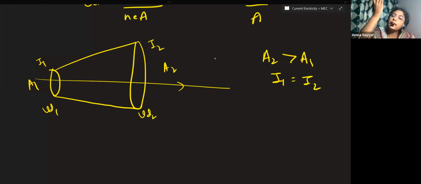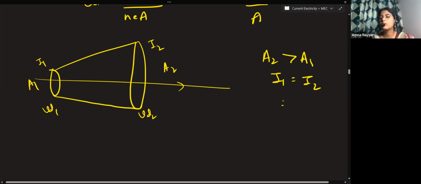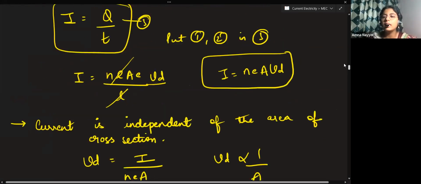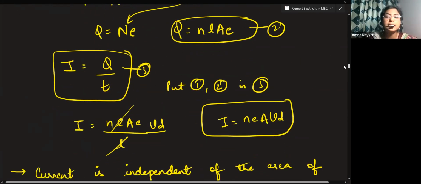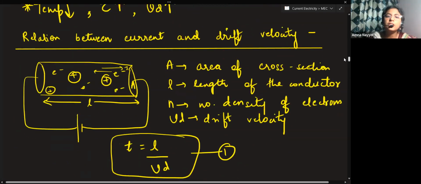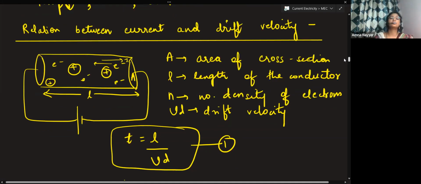So VD2 will be low and A1 is narrower, so VD1 will be high. It means VD1 will be greater than VD2. This will be the relation. Yes, so I is equal to n E A VD. You should remember n is number density, E is the electronic charge, A is the area of the cross section, and VD is the drift velocity.